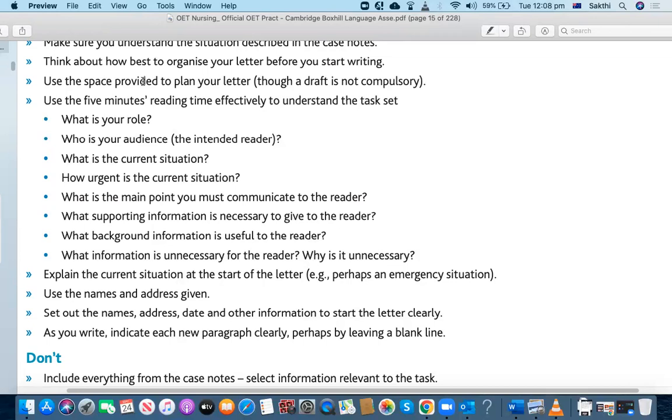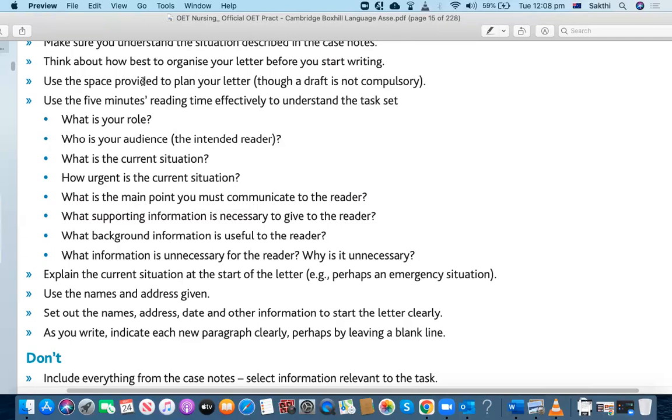In the question paper, there will be some space that they provide for you to plan your letter. If you wish, you can utilize that, or you can follow the structure of the letter, which I'm going to describe in the future sessions. So you can plan your letter according to what you think would be the best way.